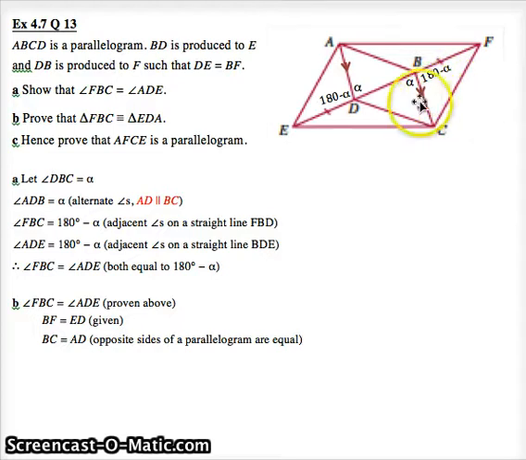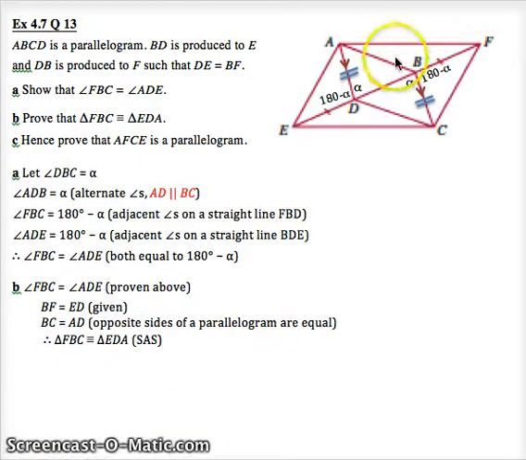Hence, we've got a side, an angle, and another side that are equal. Therefore, the two triangles are congruent by side angle side, SAS. I've also just marked in those equal sides on the parallelogram.